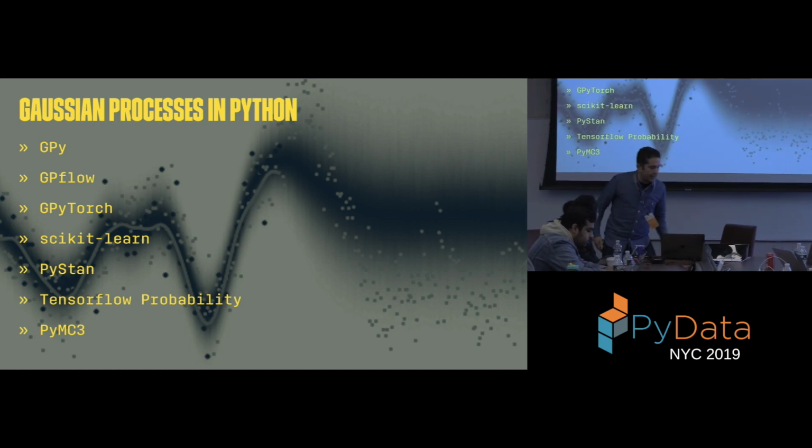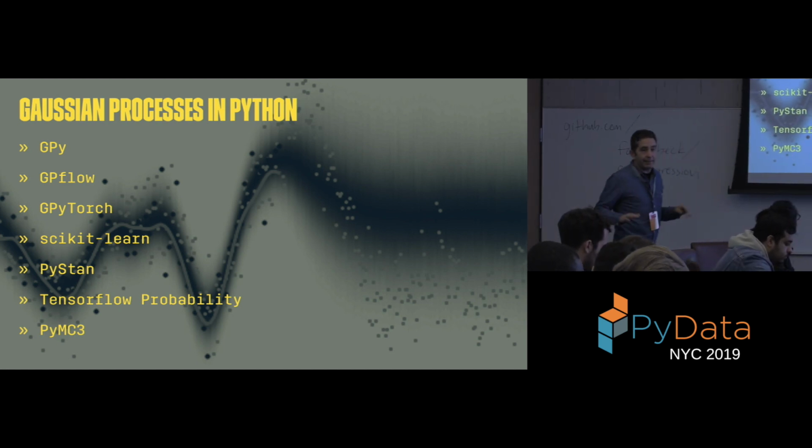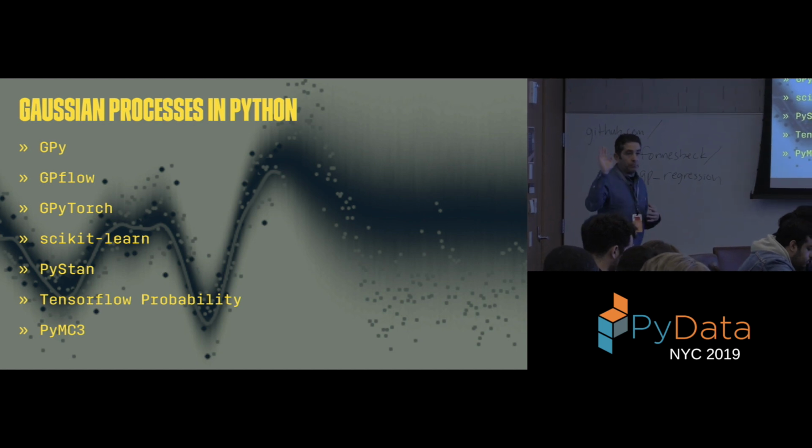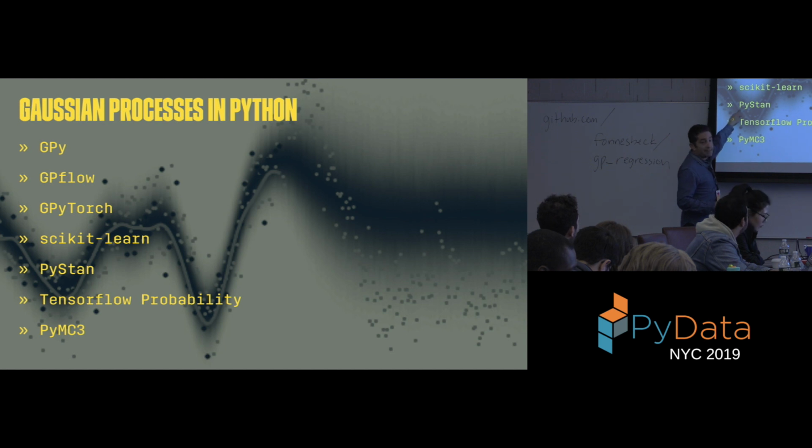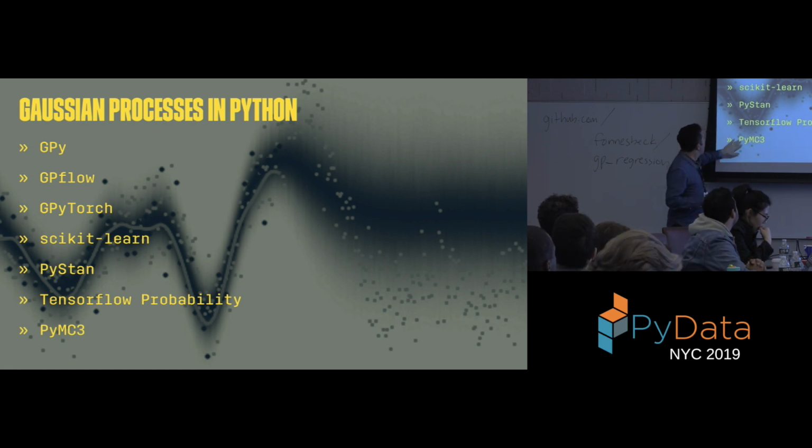There's lots of ways of doing GPs really easily in Python, and they range from high-level to low-level interfaces. TensorFlow Probability just added them, and they're very low-level. If you like to write TensorFlow, have at it. PyStan is very low-level too. You kind of have to roll your own. PyMC and scikit-learn are very high-level, right?